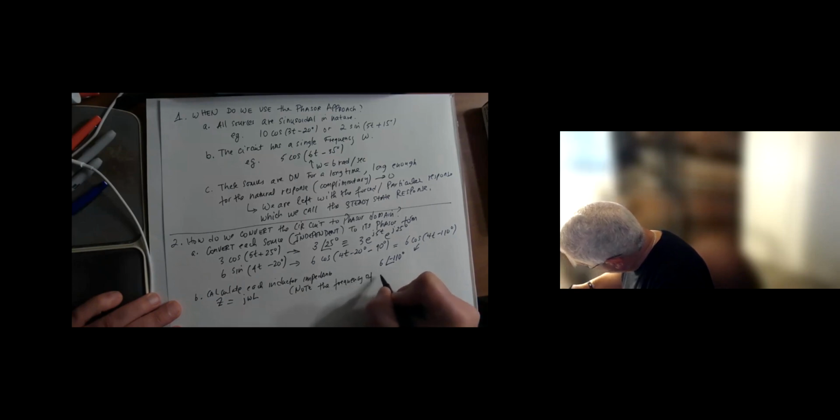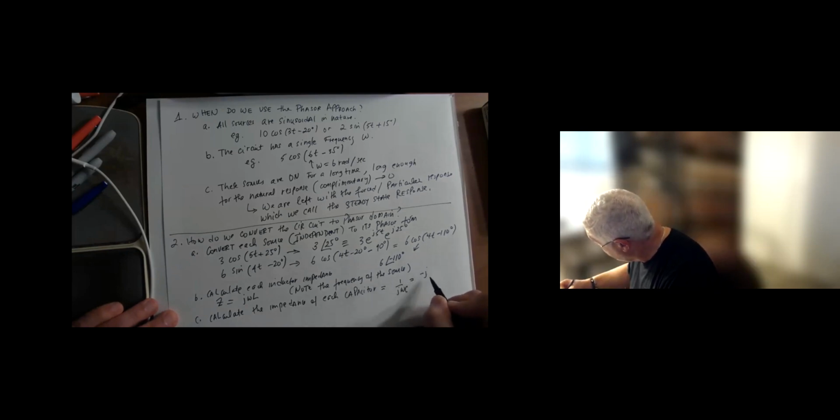And then B, calculate each inductor impedance with Z equal j times omega times L. Of course, again, note the frequency of the source.